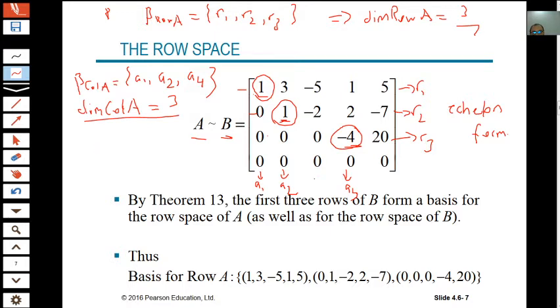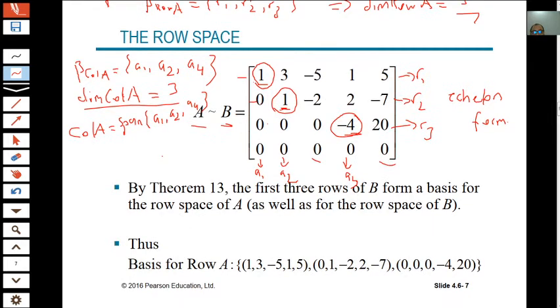Which means that we can remove A3 and A5 from the definition. It is enough to define the column space by taking the first, second, and fourth columns. This is the set spanned by the columns A1, A2, and A4.